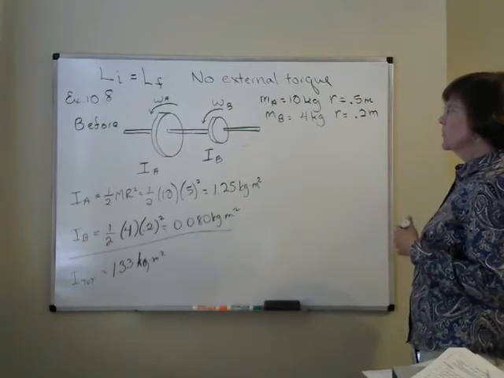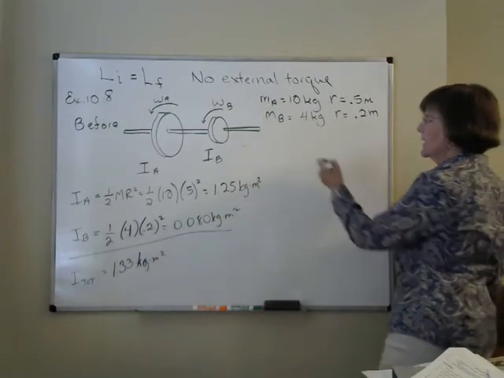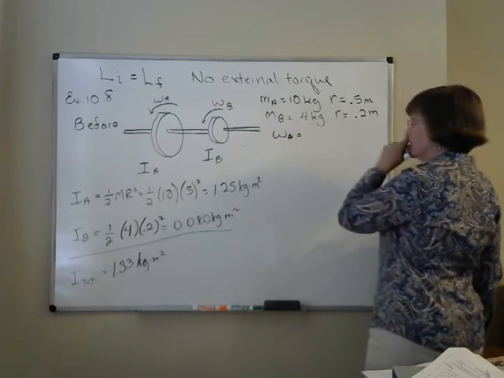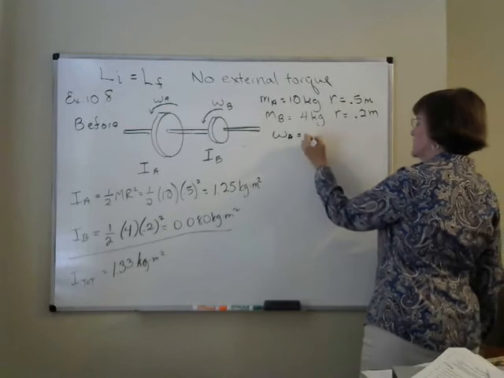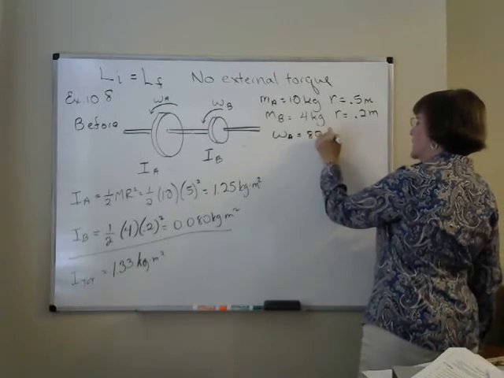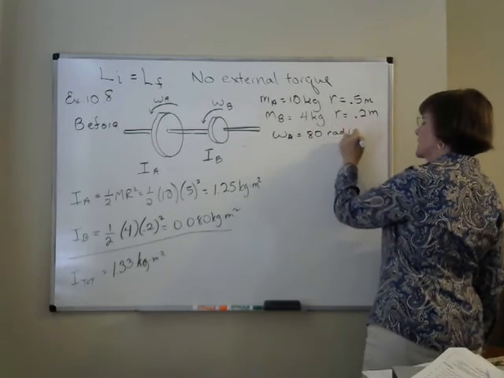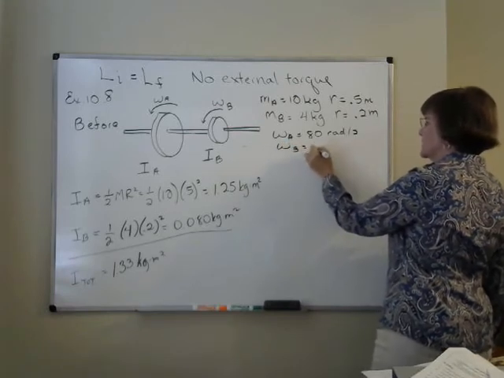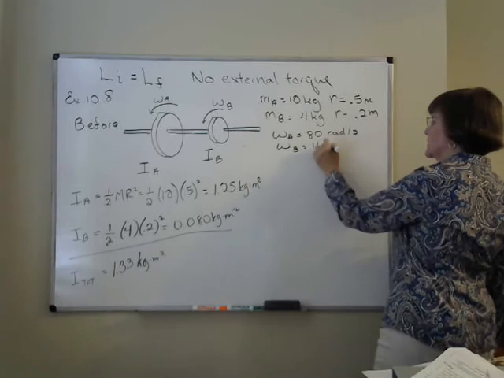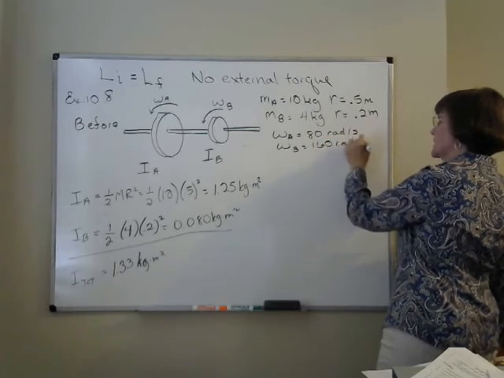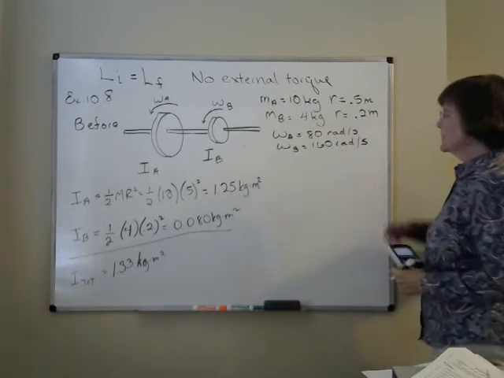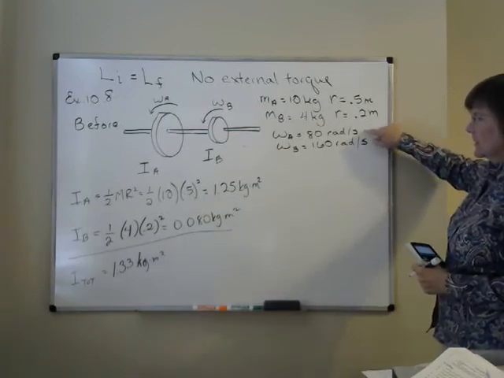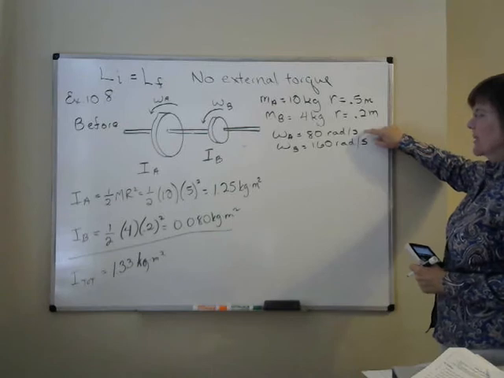Let's assume that omega A, that first one, is rotating at 80 radians per second. The smaller one is actually spinning much faster. We're going to say it's rotating at 160 radians per second. This one has the speed advantage, but this one has a considerably larger moment of inertia.